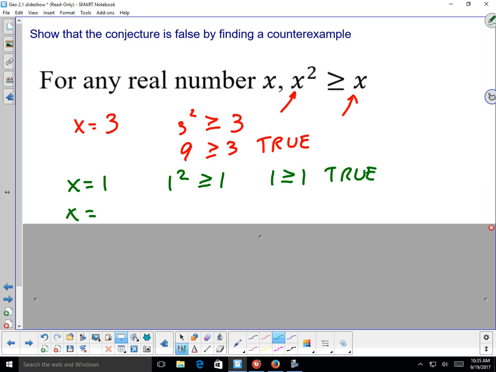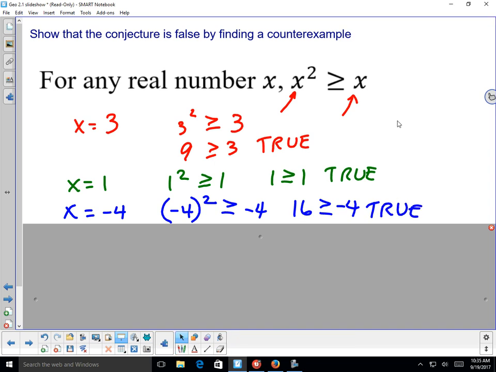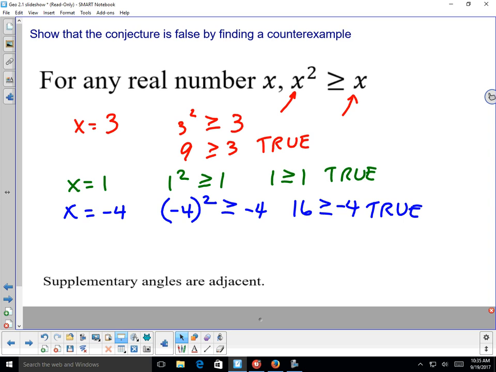Like, let's say I try x equals negative 4. Well, then I'd have negative 4 in parentheses squared is greater than or equal to negative 4. Is that true? Well, yeah, because I get 16 is greater than or equal to negative 4. So that's true. So far, no counterexample. Maybe one doesn't exist. Well, let's keep looking.